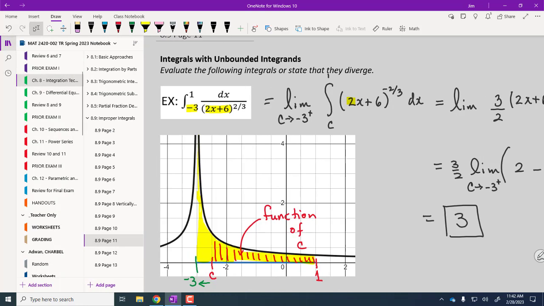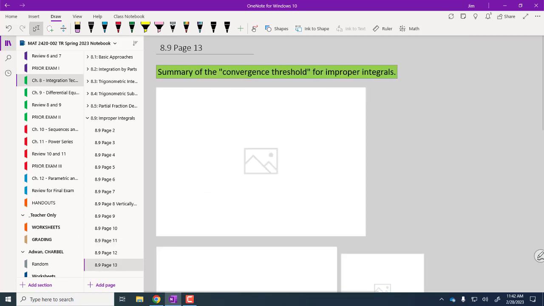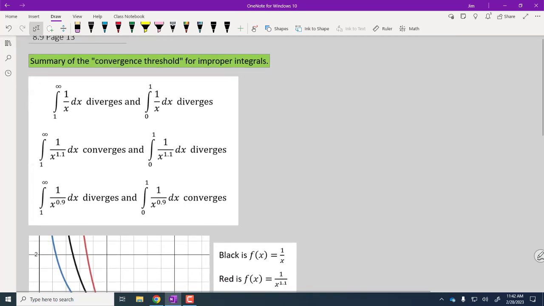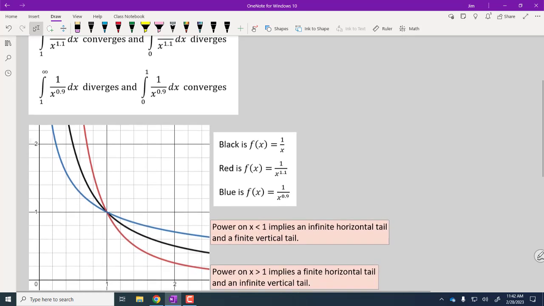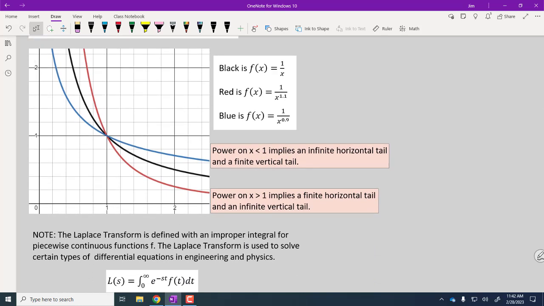So let's just jump to this last slide for a minute. Look at this slide carefully, because what we have discovered today is the threshold for convergence and divergence in different scenarios. So let's just look at this graph for a minute here. So y-axis, x-axis. The black curve is 1 over x. The black curve, 1 over x, diverges in both places.